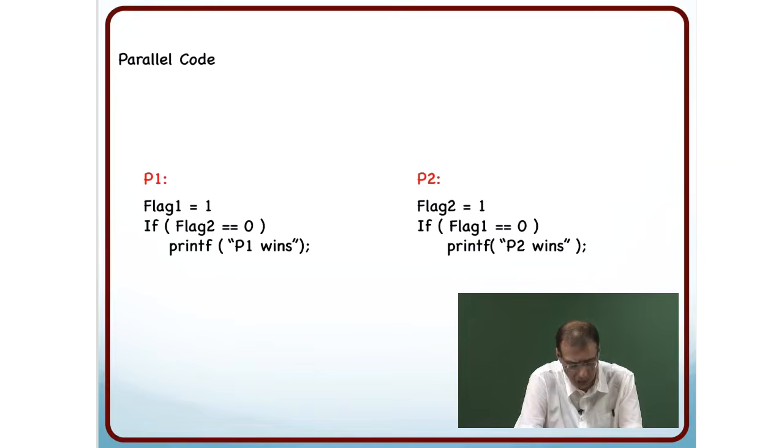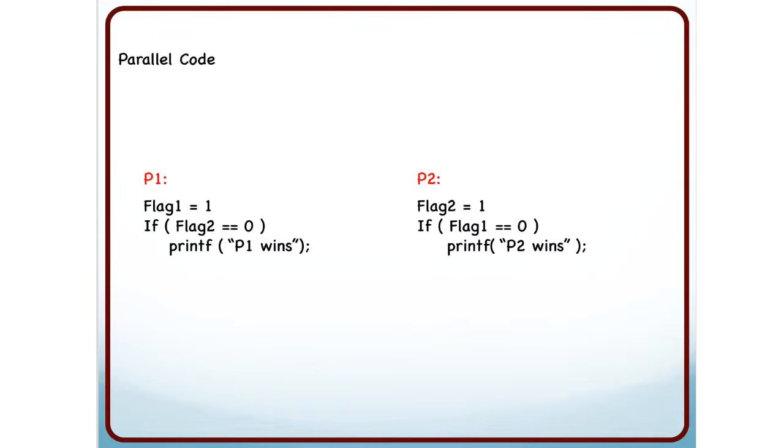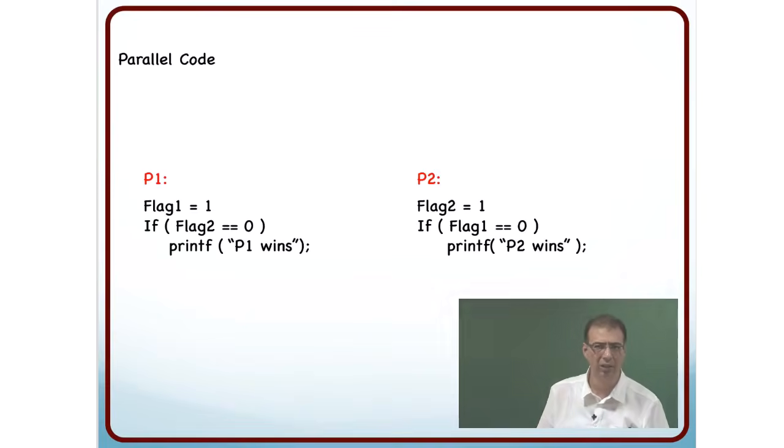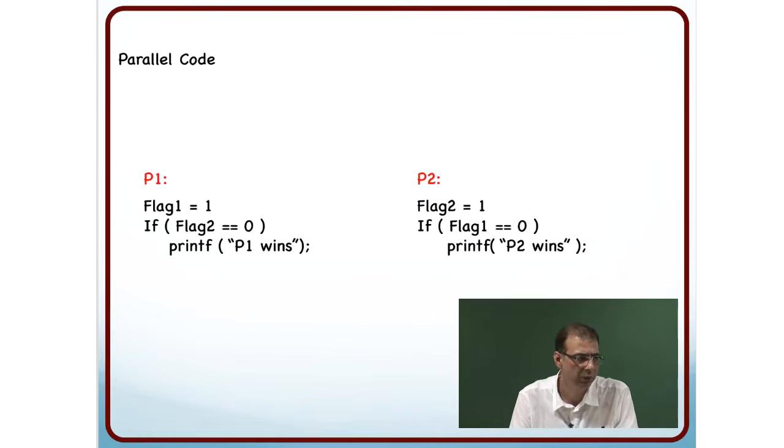What are the possible outcomes of this code if I was executing it on a single processor? These instructions may be interleaved in some way, and let's say there is no compiler reordering of the code. How would this code get executed? What could be the possible outcomes?